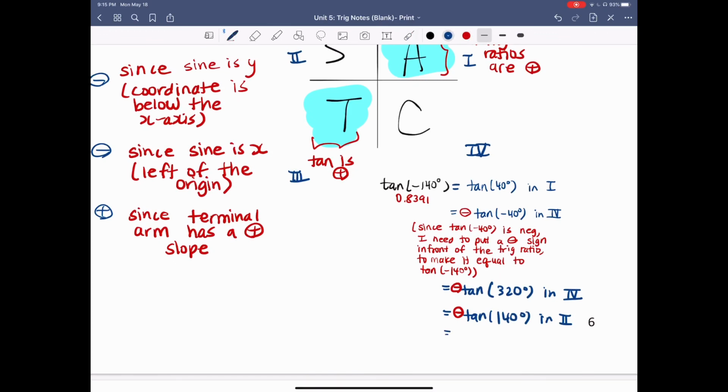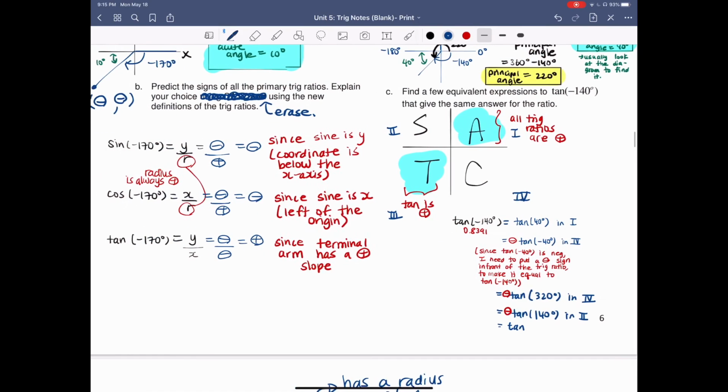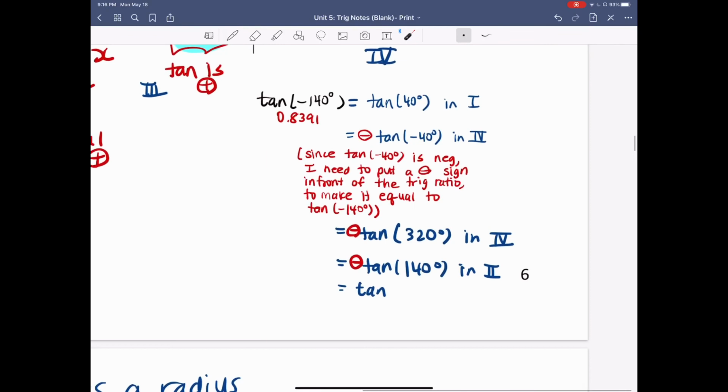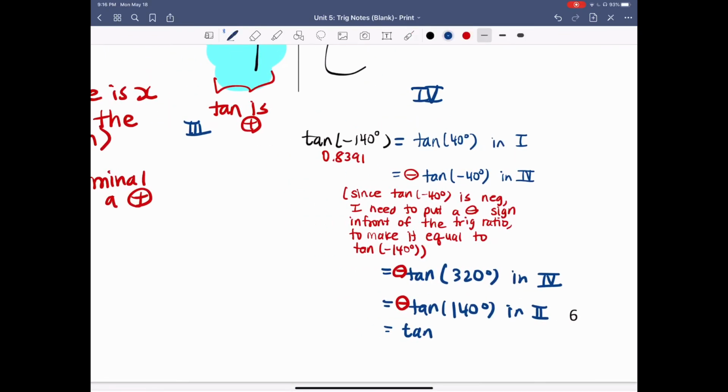Next, let's try tan 220. I would have gotten that by doing 180 plus 40, as long as you're working with that related acute angle with respect to the x-axis. Well, that's in quadrant 3, so I don't have to change the sign.